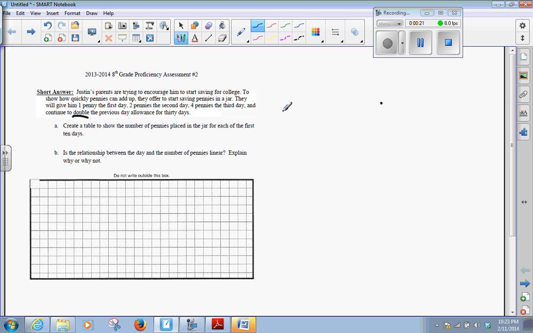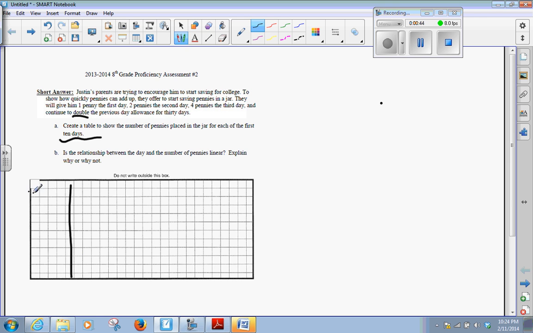So A is asking us to create a table to show the number of pennies placed in the jar for each of the first 10 days. Now, remember, if you missed this, what you should be doing right now is copying down the work on your correction sheet, and then in a minute, you need to stop the video and say what is wrong with your answer.